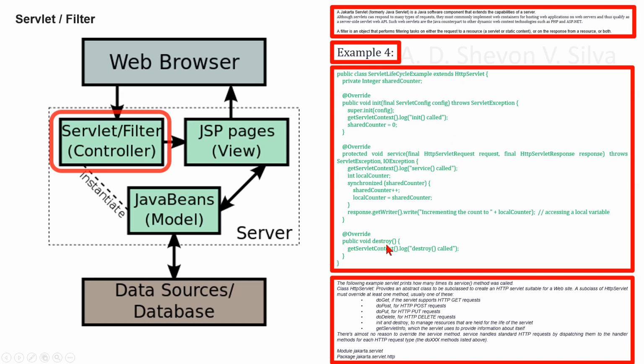Here you can see the public void destroy method, called by the servlet container to indicate to a servlet that the servlet is being taken out of service.